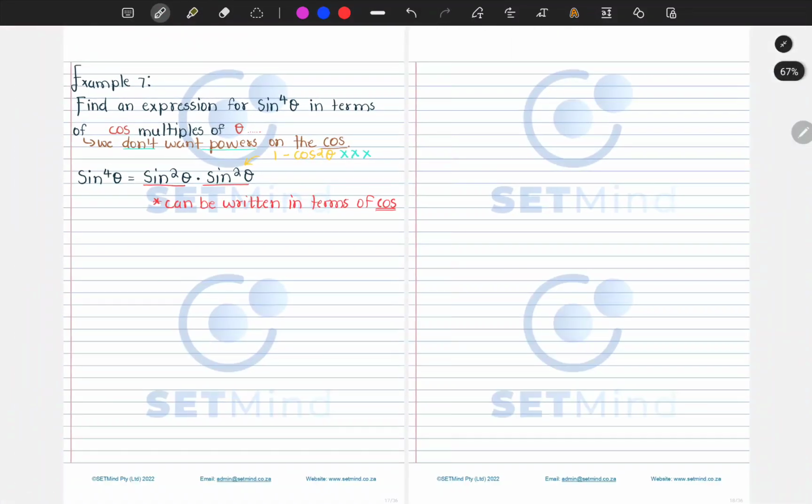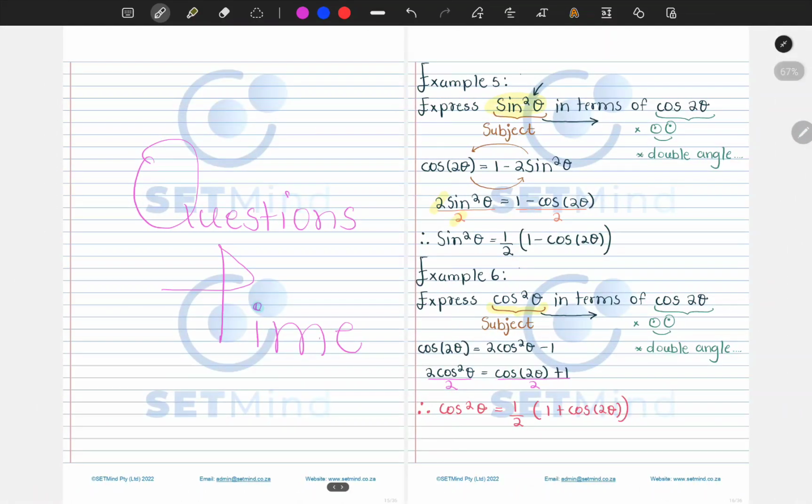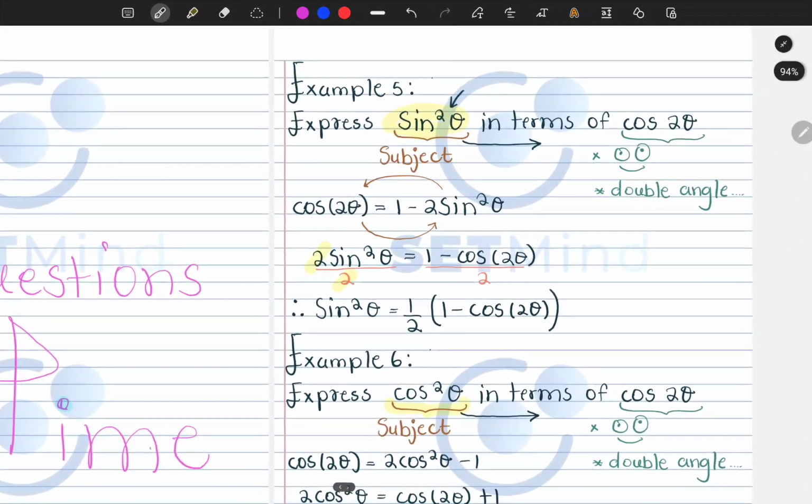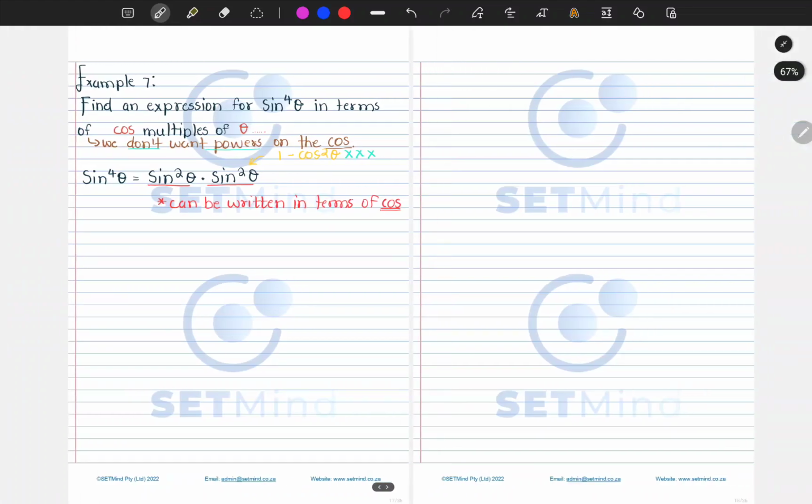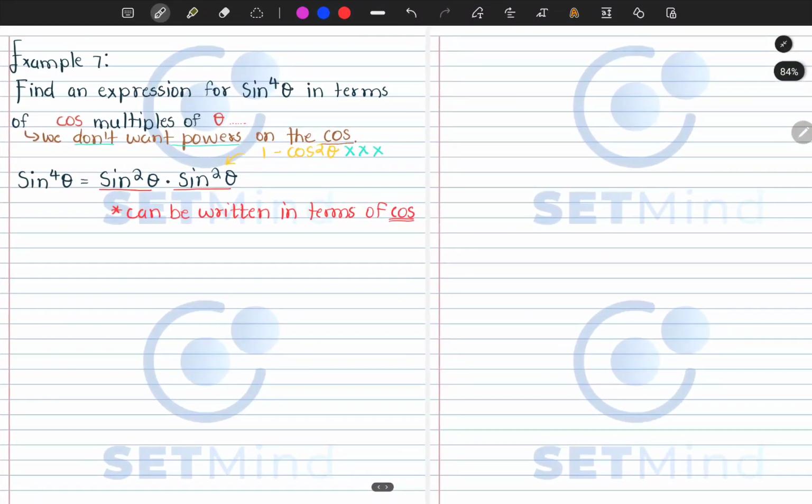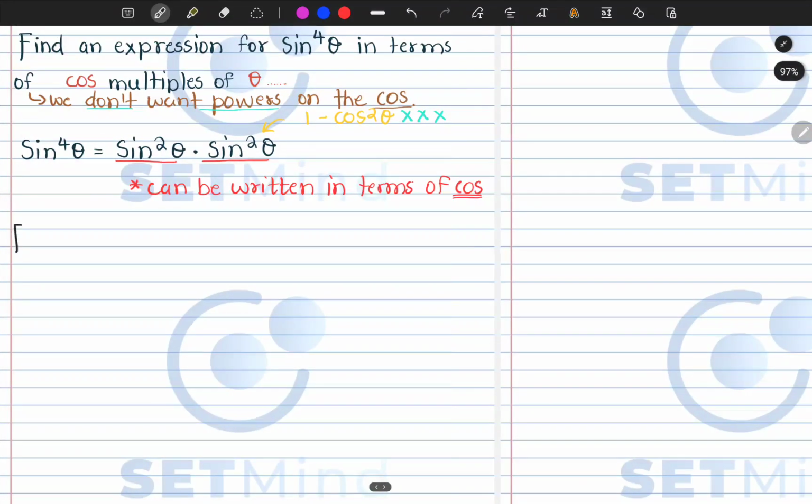So rather we'll use what we learned on example 5. So if you look carefully, from example 5, we know something. From example 5, we're able to derive that whenever you have cos squared of theta, you can write this as 1 over 2 multiplied by 1 minus cos of 2 theta.